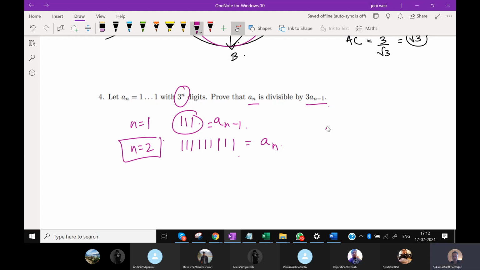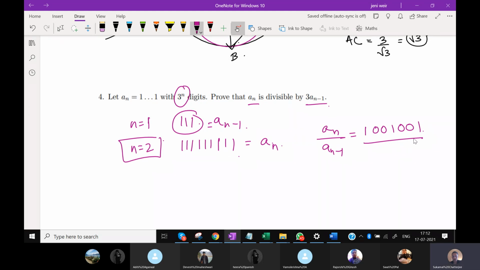That means if I divide a_n by a_(n-1), I get 1, 0, 0, 1, 0, 0, 1. So this number will be always divisible by 3. Any of these numbers will be divisible by 3.